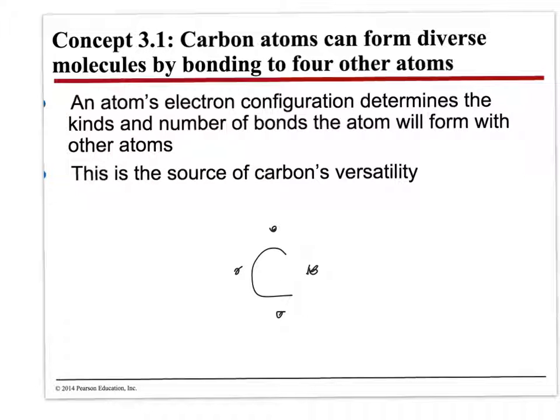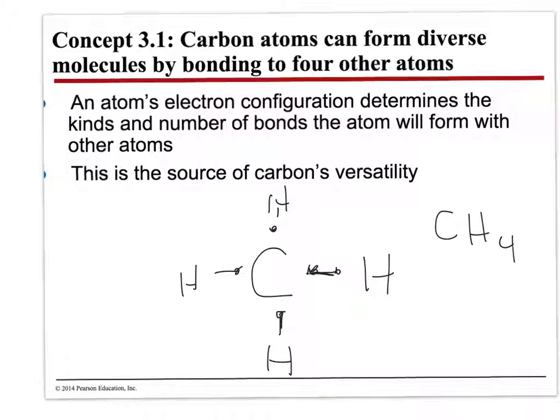So the simplest organic molecule would be just hydrogens. What you see from now on, those lines will be covalent bonds. So this right here, one of the simplest organic molecules, CH4, is methane gas.